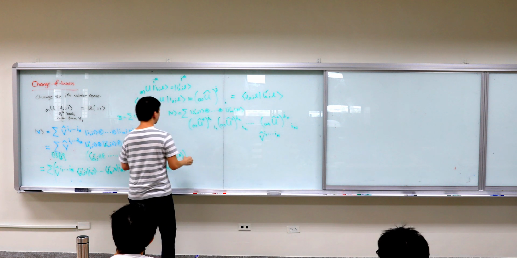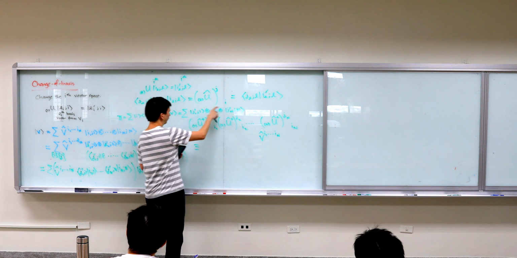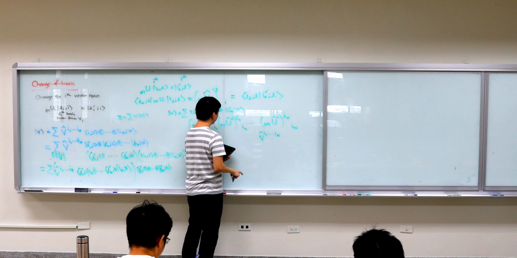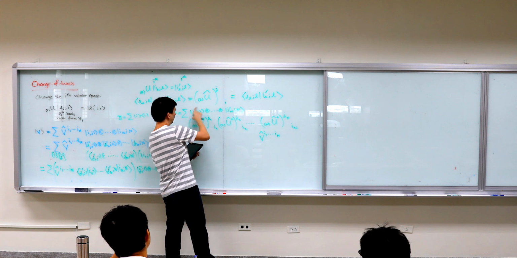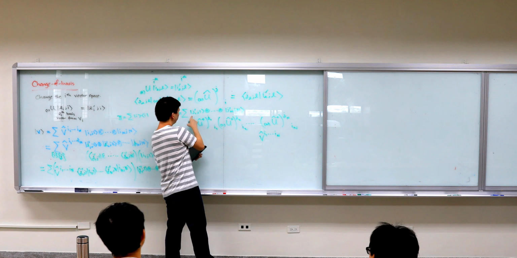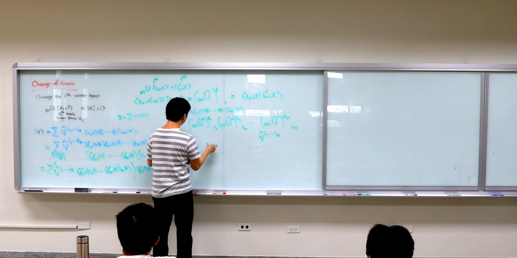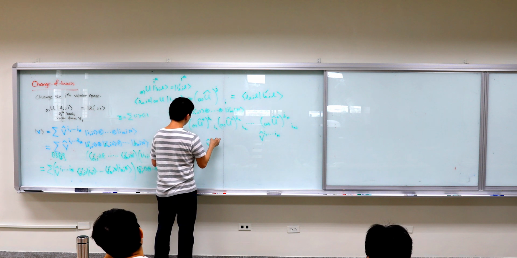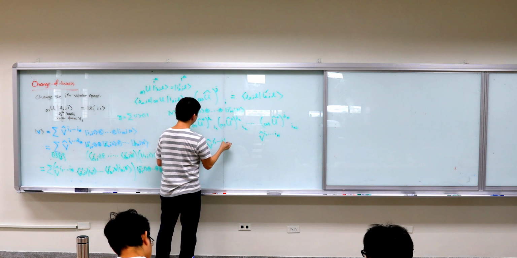Remember what this is? These are the components of the tensor V, of the vector V, that are in the old basis. But now we have the new prime basis, so we should call this V prime, V of J prime 1 all the way to J prime n.